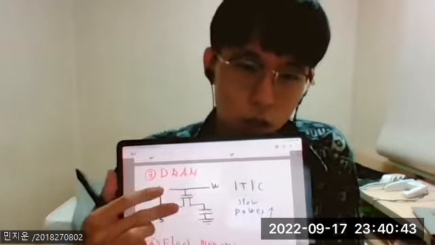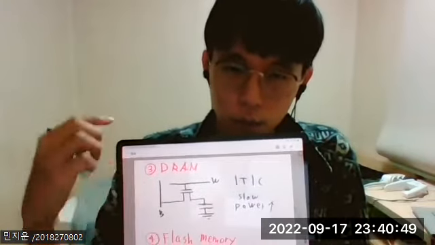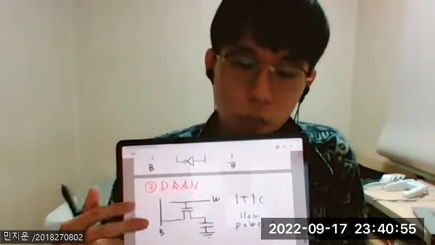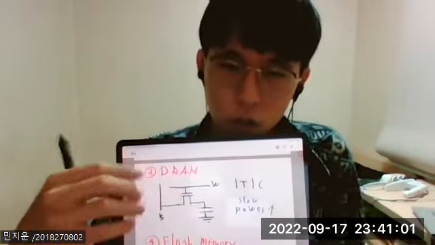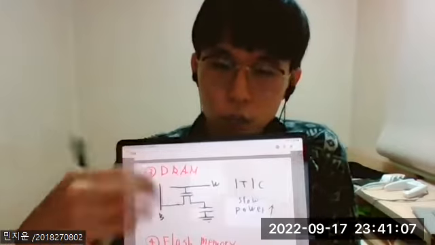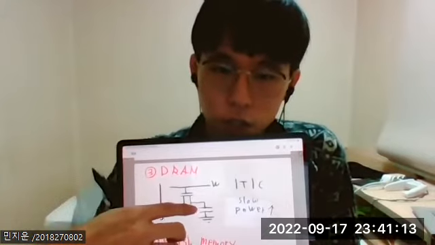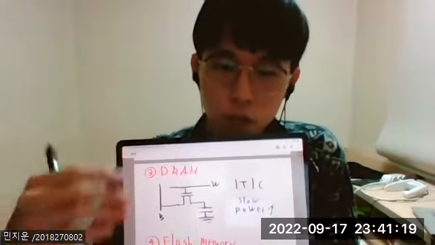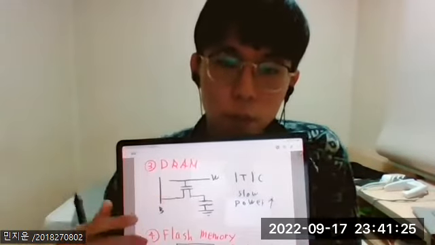Because of the capacitor, DRAM is slower than SRAM, and the power dissipation is bigger than SRAM, because if we want to check the data you need to refresh the capacitor by power, so power dissipation is higher. DRAM is used as computer main memory.